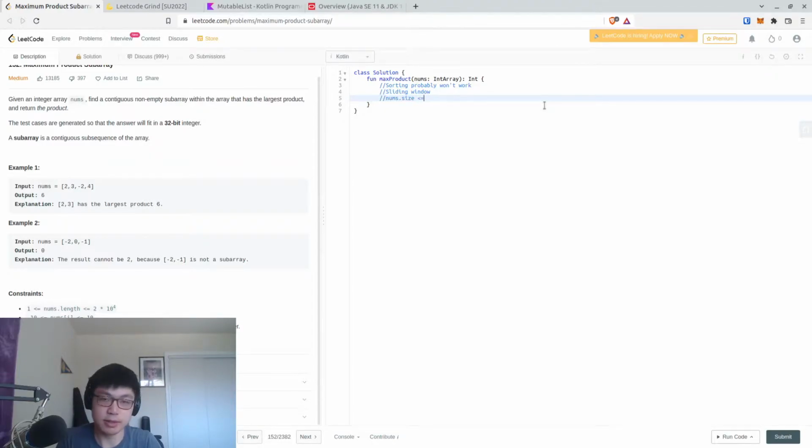Nums.size is less than or equal to 2 times 10 to the 4. So this probably indicates an O of n-ish algorithm.